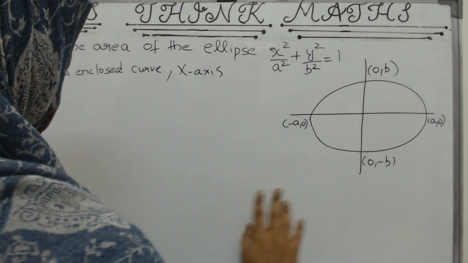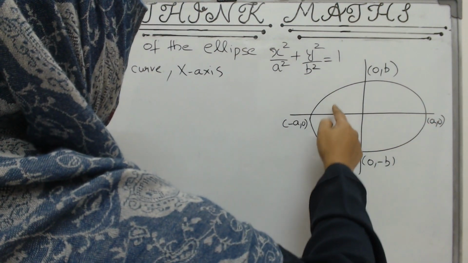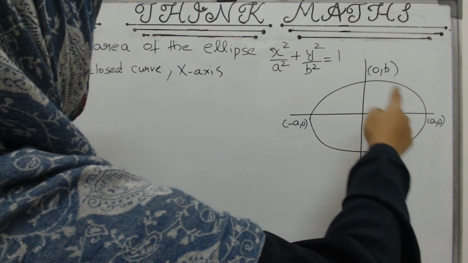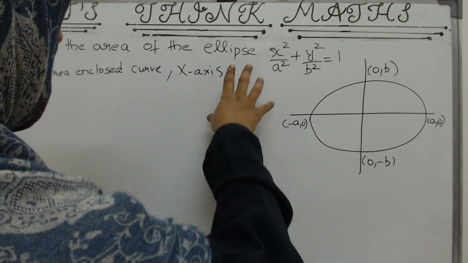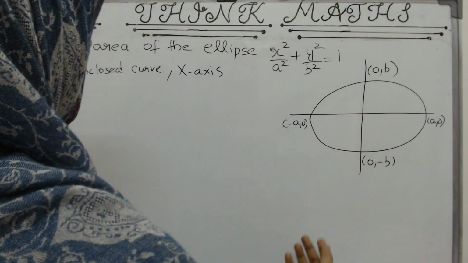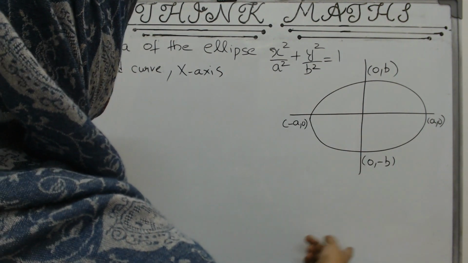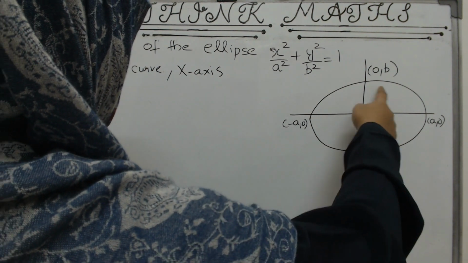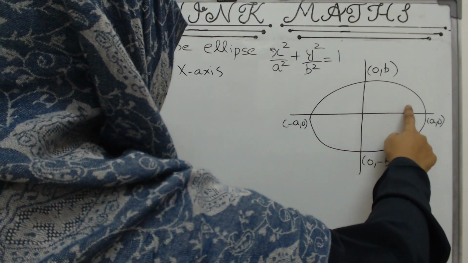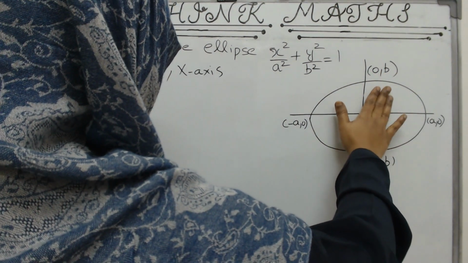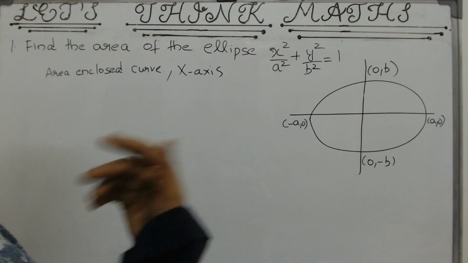Now what if we just find the area of this region and then multiply it by 4, then we will get the whole of the ellipse. Why does that happen? Because the ellipse, as you can see from this figure, is symmetrical along both the x-axis and the y-axis. So all you have to do is find the area of just this one portion which lies in the first quadrant, multiply it by 4, and you will get the area of the whole ellipse.